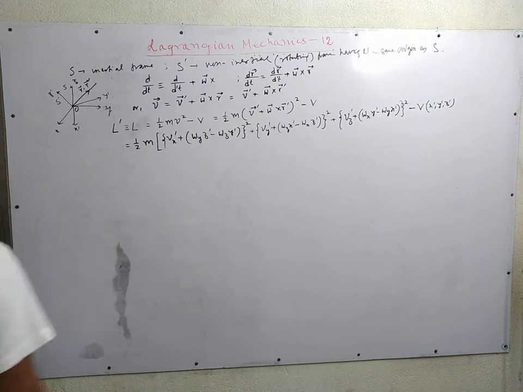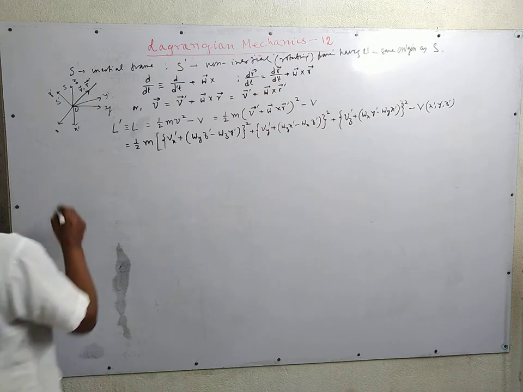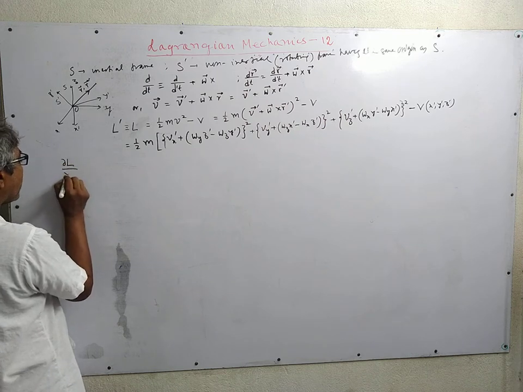So if we want to use Lagrange's equation, we need to calculate the partial derivatives of L with respect to coordinates and velocities. First we calculate del L del x prime.